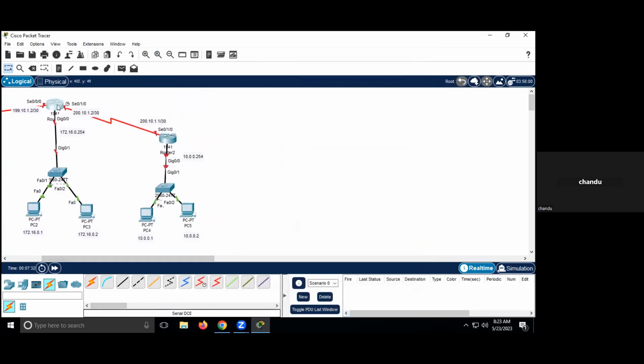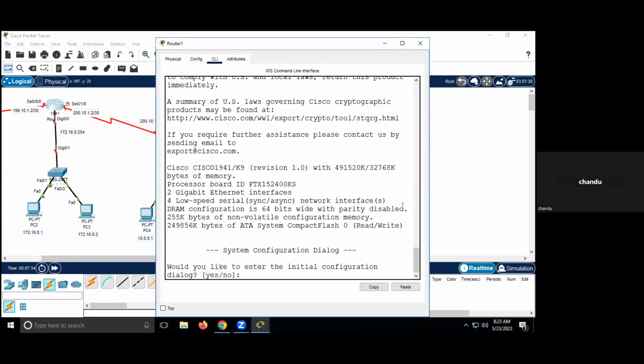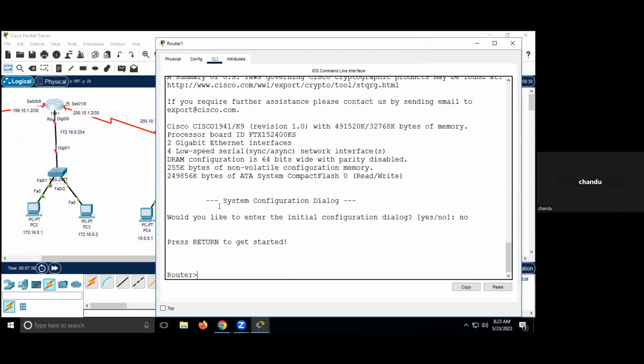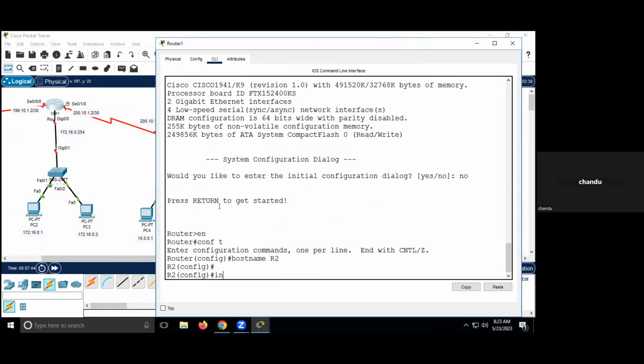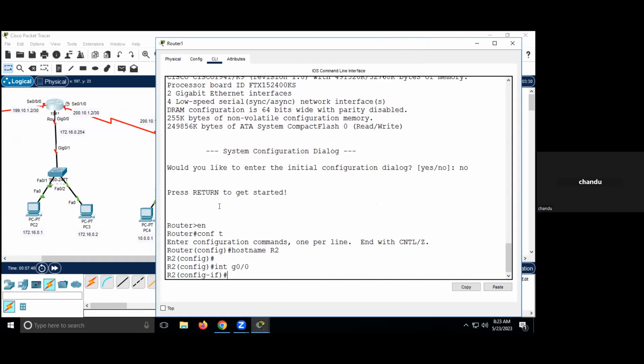So router 1 is done and we need to configure router 2. Interface Giga 0/0.